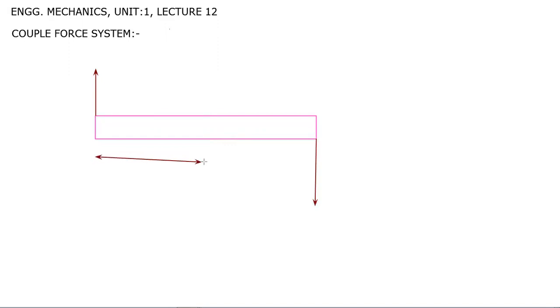Now, at equal distance, that is at the center, we can get the couple force system, which will have an effect at this point. Let's suppose that this distance is d and this distance is also d.